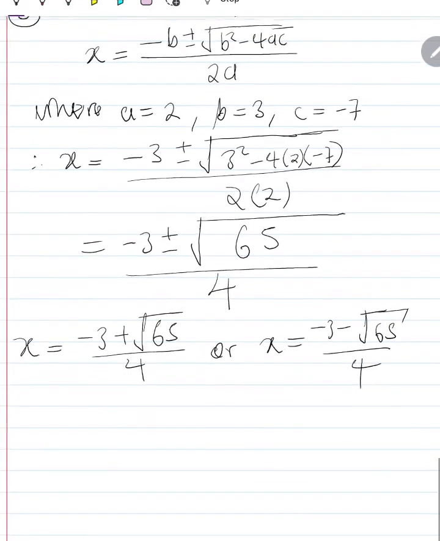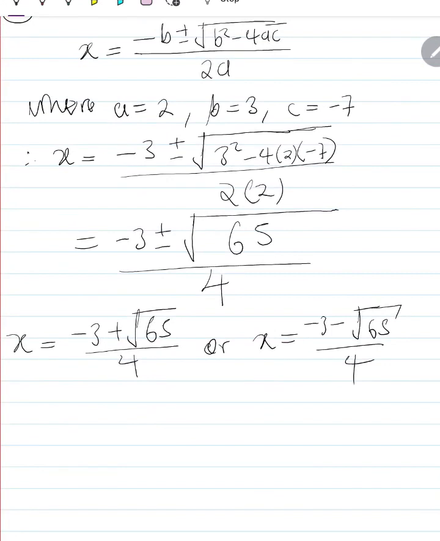All right, so you can put this on the calculator and simplify, and remember to leave your answer in 2 decimal places.